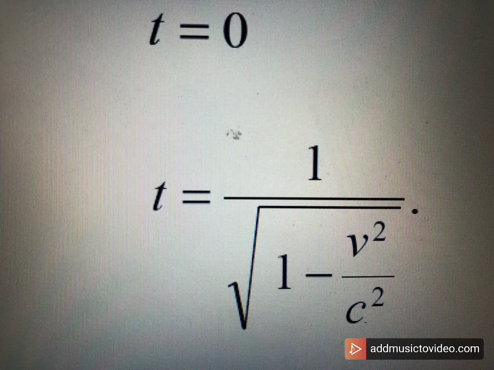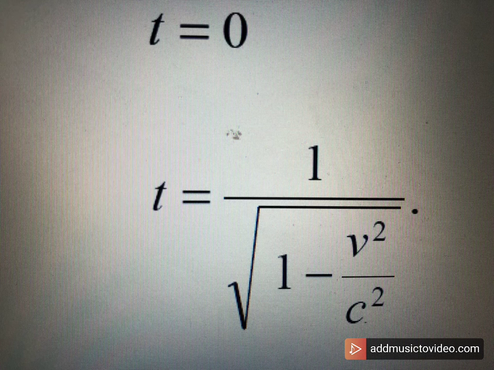As judged from K, the clock is moving with the velocity v. As judged from this reference body, the time which elapses between two strokes of the clock is not 1 second, but 1 divided by square root of 1 minus v squared over c squared seconds, which is somewhat larger time.